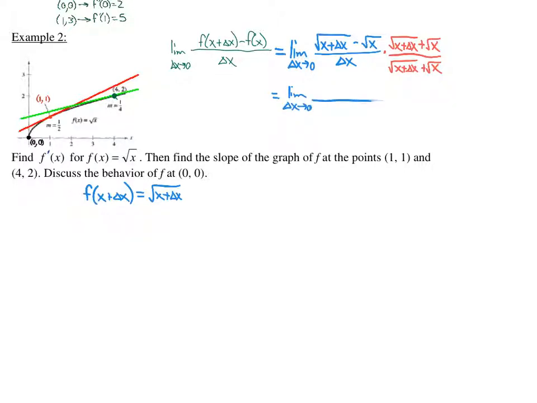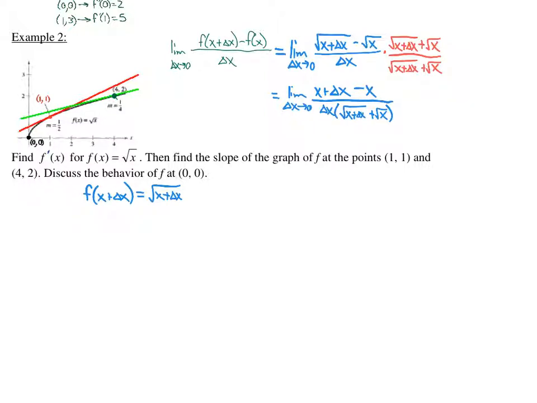And our denominator is delta x times the radical x plus delta x plus radical x. The numerator, these are conjugates, so when I FOIL it, the outers and inners cancel out, so it's just the first term squared, which is x plus delta x, minus the last term squared, which is just x.